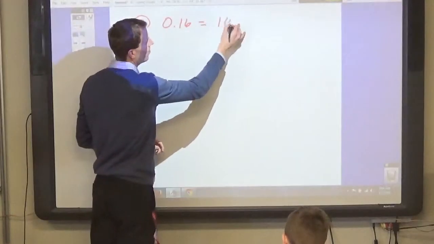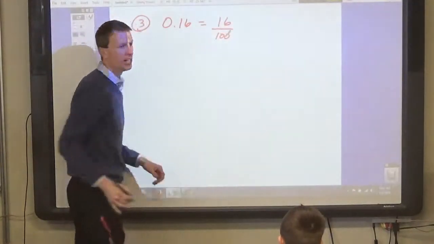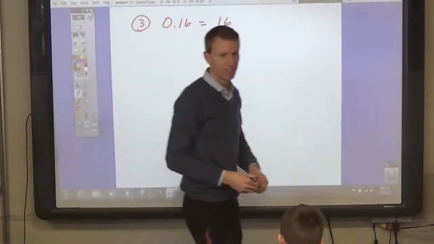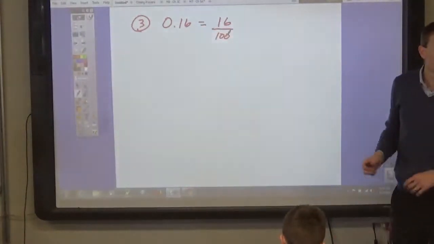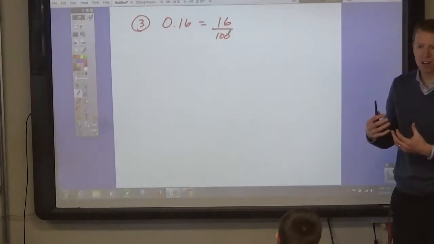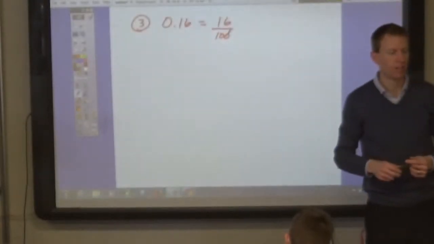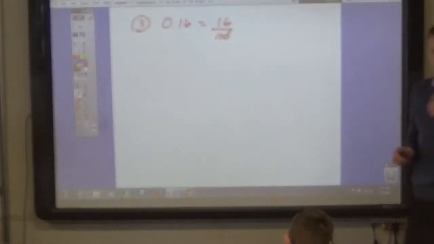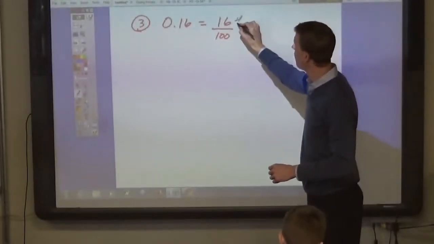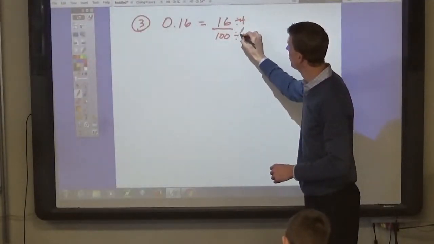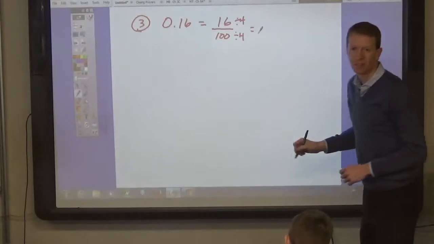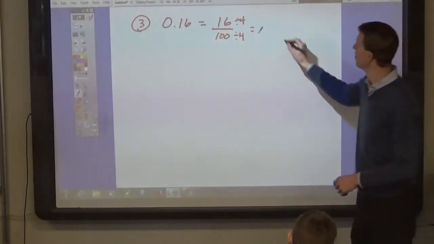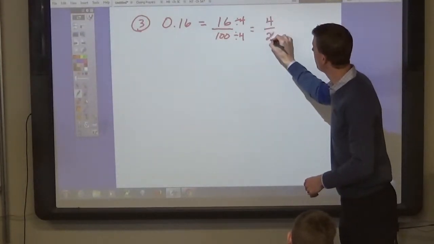Yeah. Then reduce it to, what can you take out of 16 and out of 100? What number? 4. So divide both by 4, and you get 4/25. Good, 4/25.